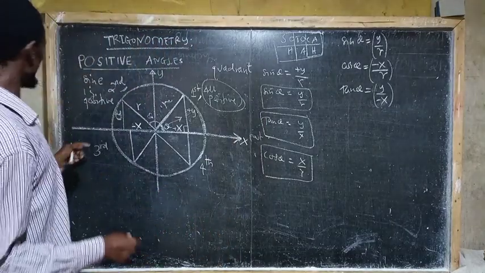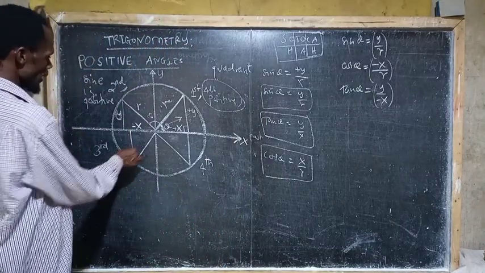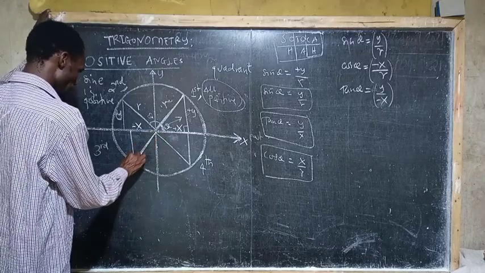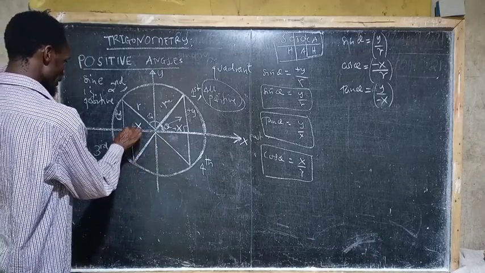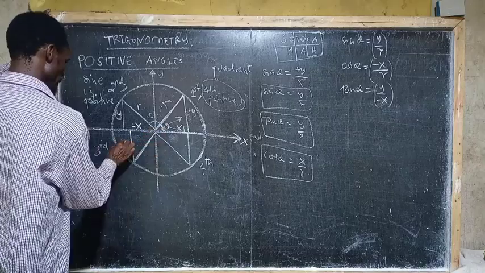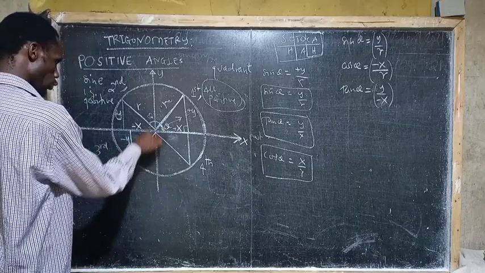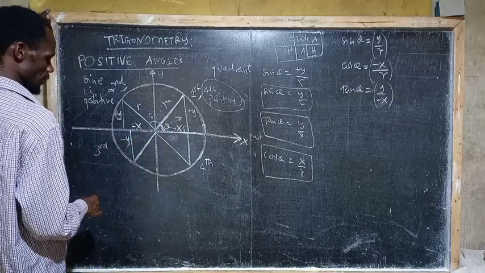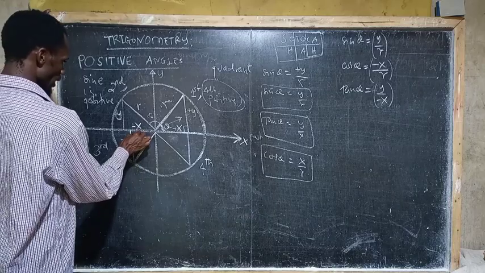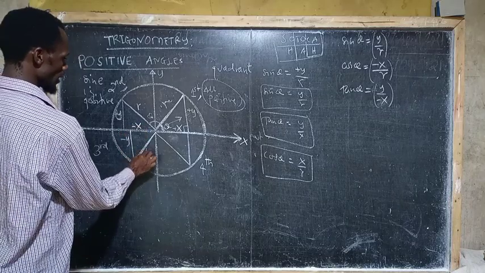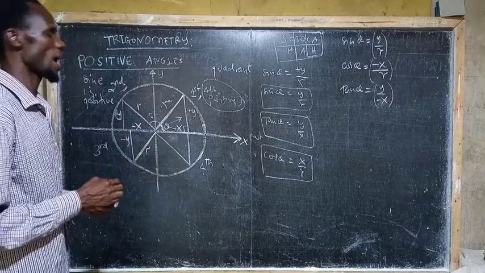Then for the third quadrant, here it is. Imagine we have this one. Remember this. Now y, this is negative y. Kwa sababu huku we are just talking about negative. Then imagine also here you have negative x, and then as usual this is r.